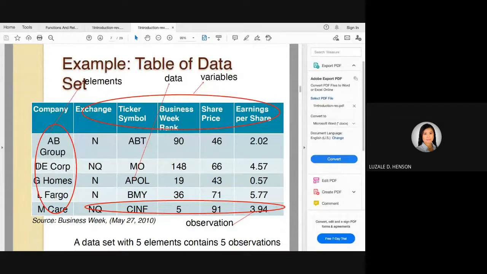And then, let's say, you're going to collect the profile of these respondents in terms of marital status, in terms of age, in terms of gender. Those I have mentioned are called variables.